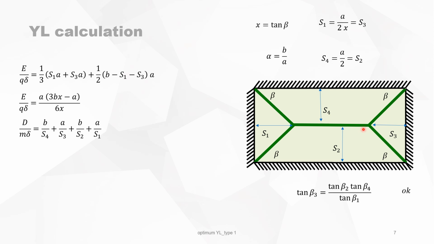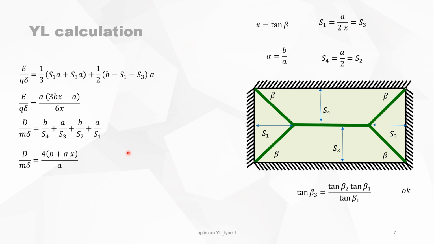On the left-hand side, we have the total length projected on the rotation axis is a, divided by the angle of rotation, delta over S3. So it's a over S3. So we do the same with this yield line projected to this axis of rotation and for this side. So that's why there are four elements in the equation. We fill in the different parameters and we obtain this equation.